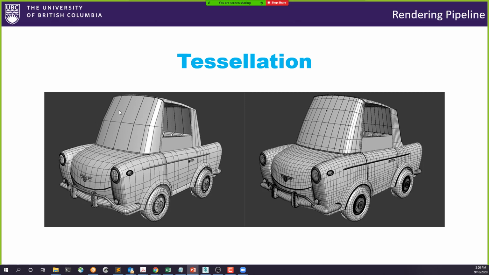If you get very close to this area, you will see that the geometry is very low poly. So if you want to show a smoother surface, you subdivide the surface with the tessellator, and you get a more pleasant surface.